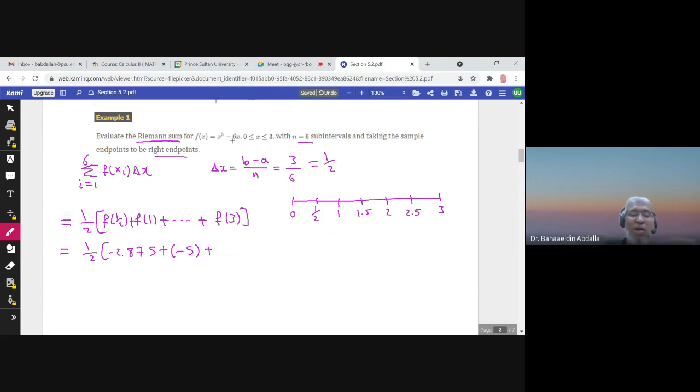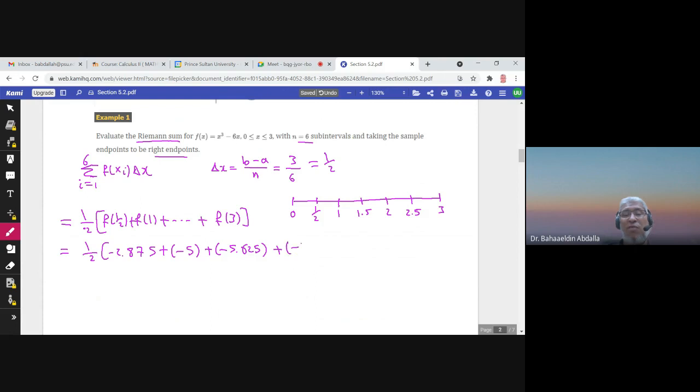Put 1.5 here, so it's 1.5 to the power 3 minus 6 times 1.5. So that's negative 5.625. f of 2 would be 2 to the power 3, 8, minus 12.